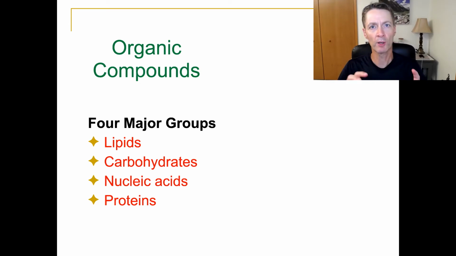What I want you to realize now, before we go too much further, is these are the things I want you to know about the organic compounds. I want you to know the names, be able to list the 4 major groups that we just went over, okay? You'd want to know the elements, you know, carbon, oxygen, those kinds of things. You want to know the basic elements you would expect to find in each one of these organic groups.